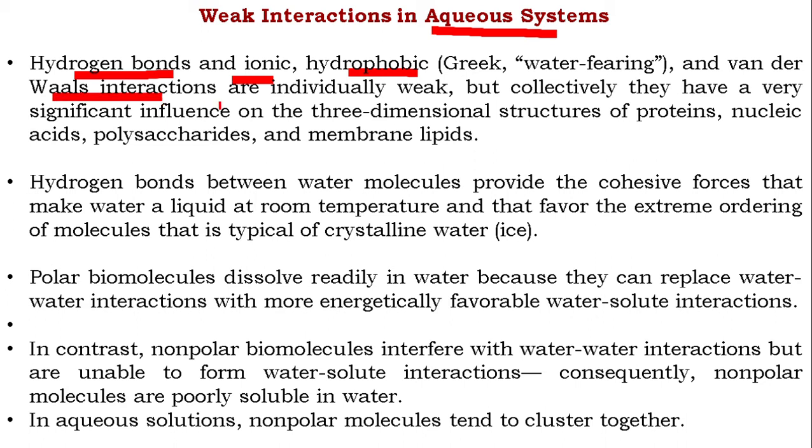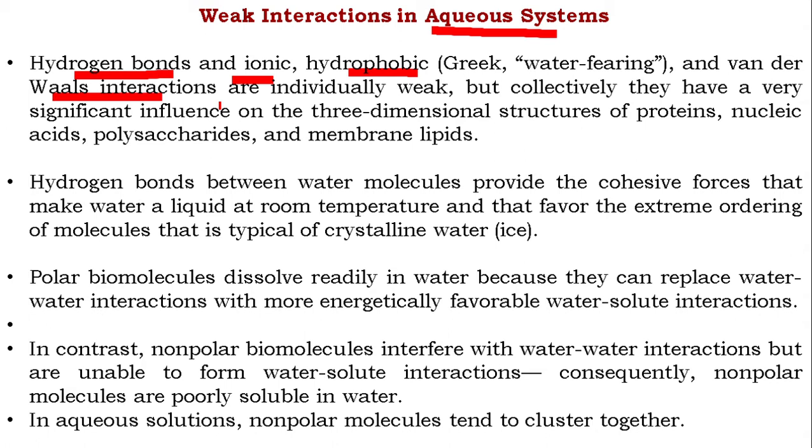Individually, each of these bonds of attraction is very, very weak. They are easily formed and they are easily disrupted. But when thousands and thousands of such bonds are present in a molecule, in a compound, it is really having a great effect upon the physical and chemical properties of that compound.